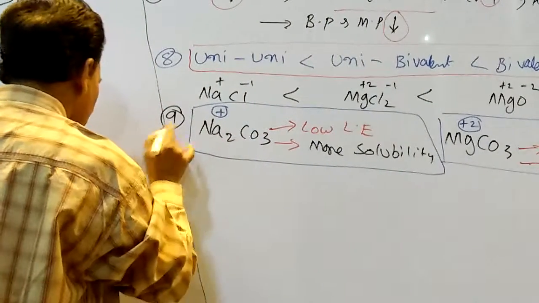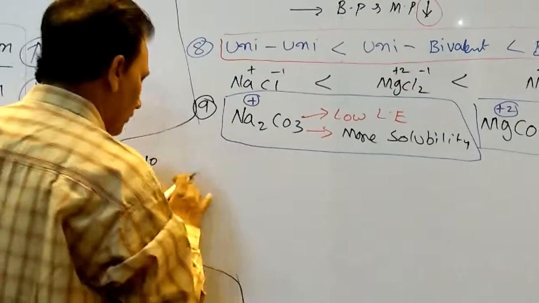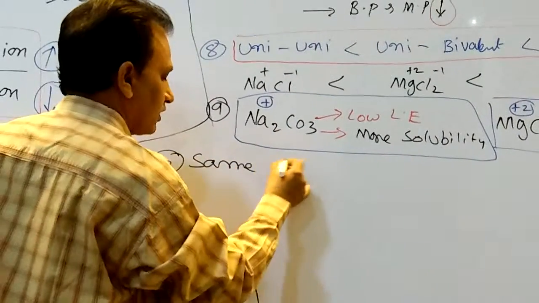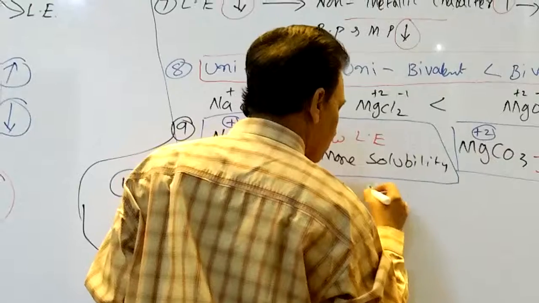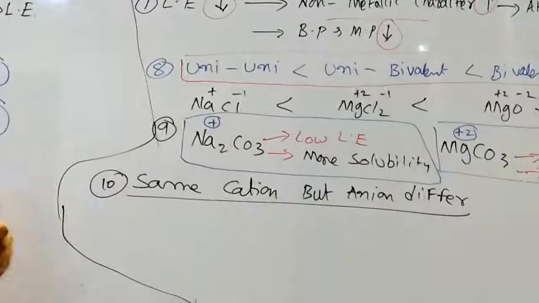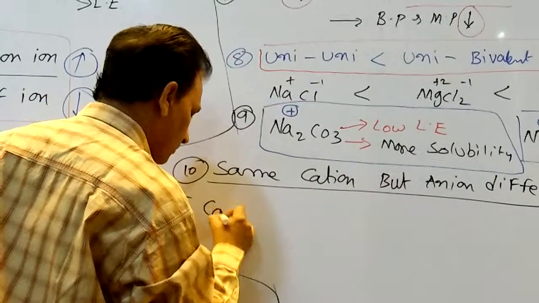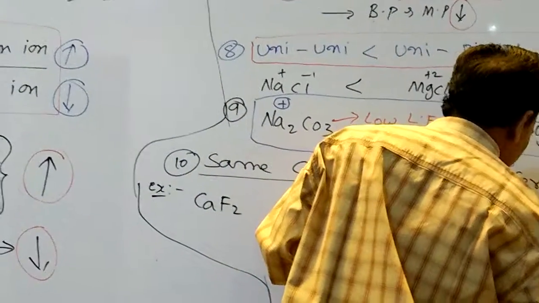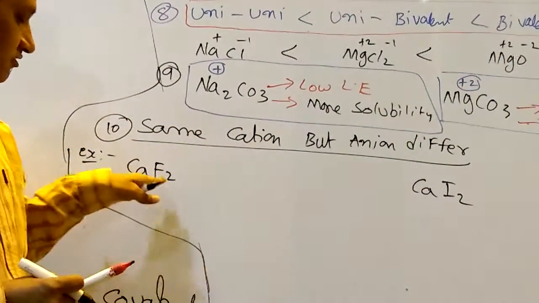And if you see the same cation but the anion differs, for example CaF2 and CaI2. The cation is the same, calcium, but the anion differs, fluorine and iodine.